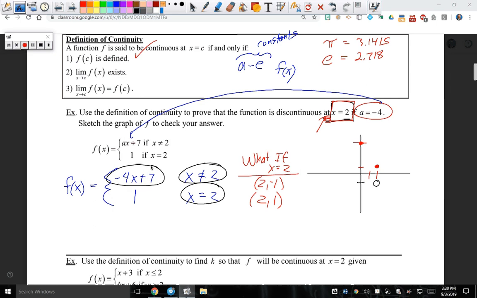Negative 4x plus 7 tells me that this is what the graph is going to look like. Go with me? You see how I built that? And then the other one, it's just that red dot all sitting all by itself because it's just at x equals 2. There's no interval here. Does that make sense?